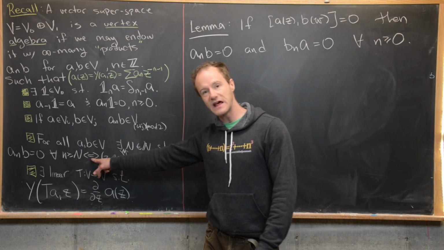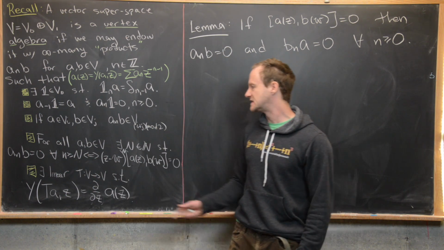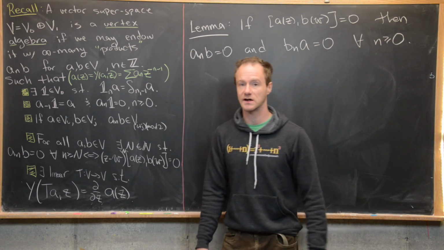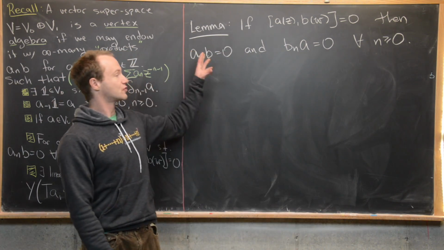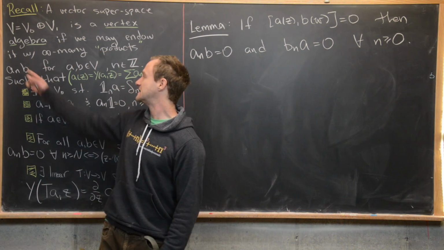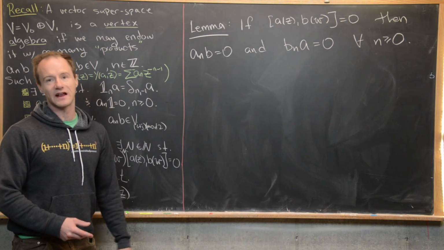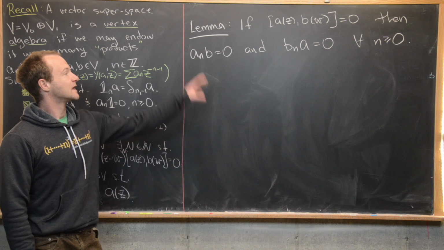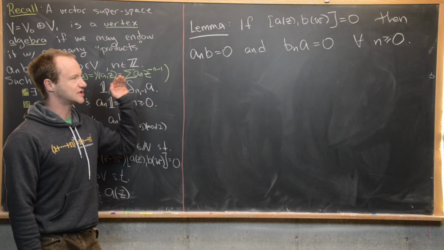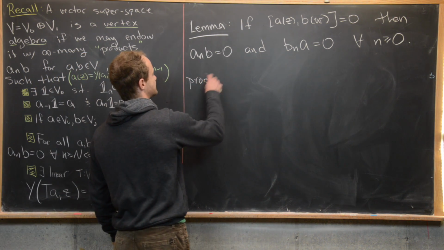Notice I've put an if and only if here, but this if and only if is something that maybe needs to be proved once we get a handle on all of these infinitely many products. If we have a truly completely commutative vertex algebra, then we only need to deal with these negative products, and we have a handle on those negative products from the previous board. Like I said before, this is an if and only if statement. We're going to focus just on the first direction in this video. Okay, so let's go ahead and do it.